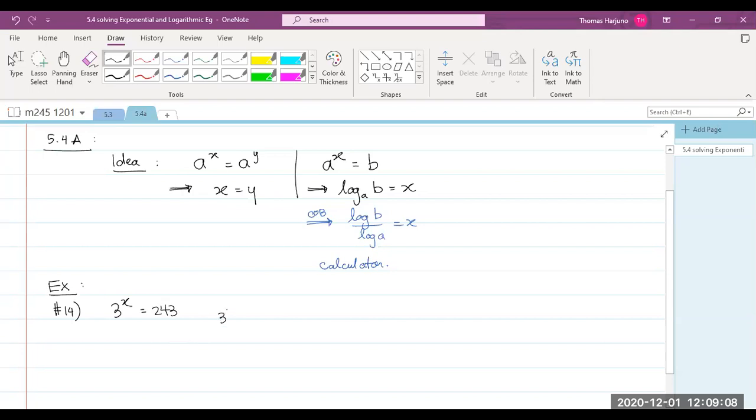So 3 squared is 9, 3 cubed is 27, 3 to the 4th is 81, and 243 is 81 times 3. So you rewrite the right-hand side as 3 to the 5th. So x equals 5. That's what I meant by if you can rewrite the constant as the common base, then you have to.